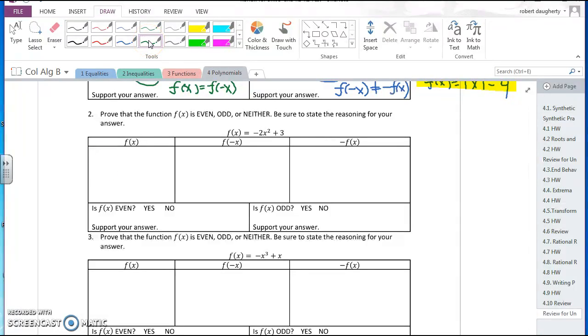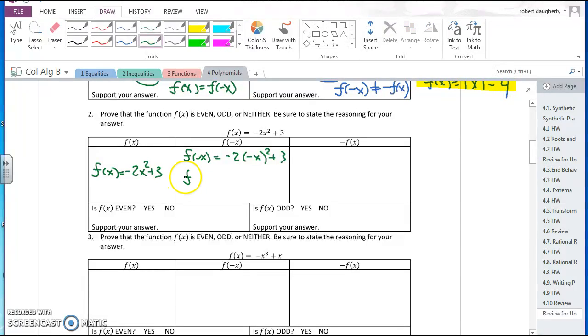Same basic process. F of x, in this case, is negative 2x squared plus 3. F of negative x is going to be equal to negative 2 times negative x squared plus 3. Negative x times negative x is the same as x squared.